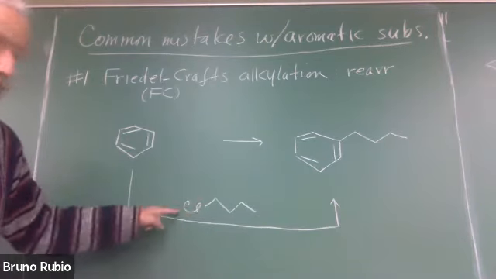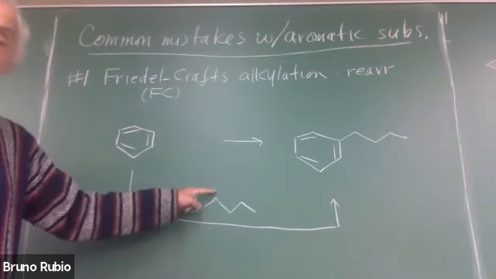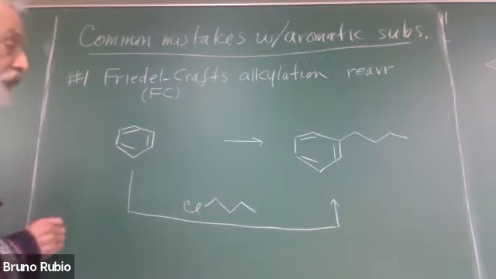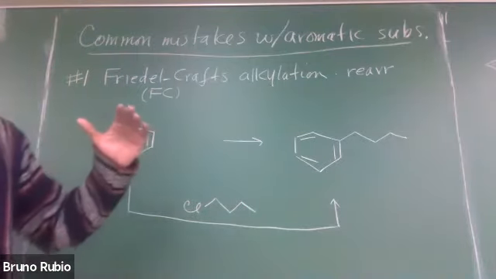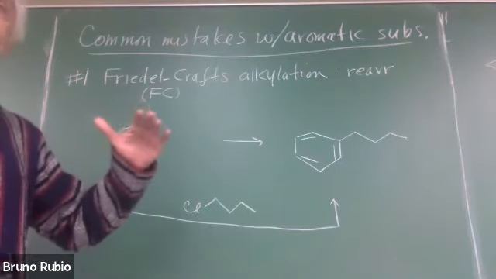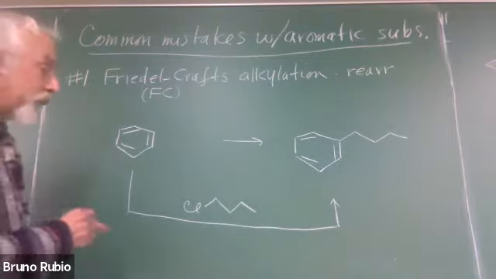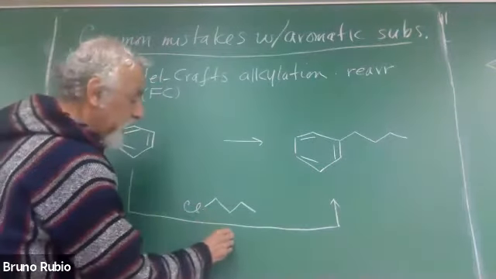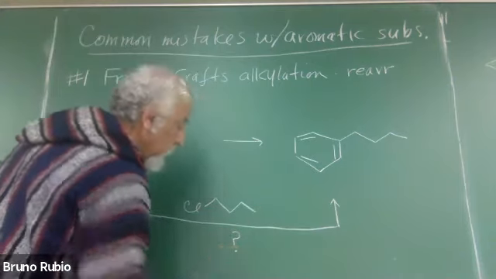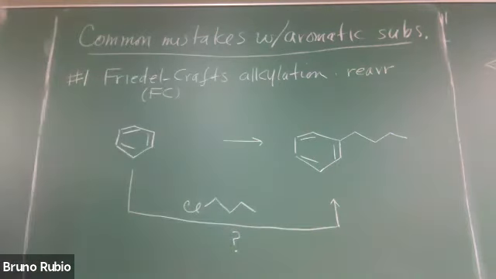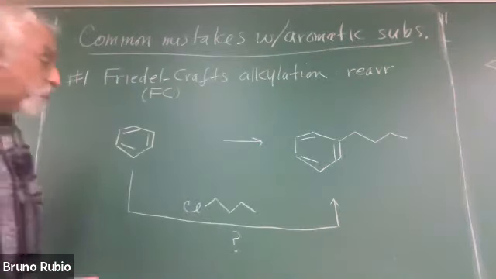If you take off this Cl, you get a primary carbocation, and that's going to rearrange to a secondary carbocation, where we're remembering that carbocation rearrangements happen when you can go from a less stable to a more stable ion. So I'm going to put a big question mark here to show that this target molecule will not be formed.